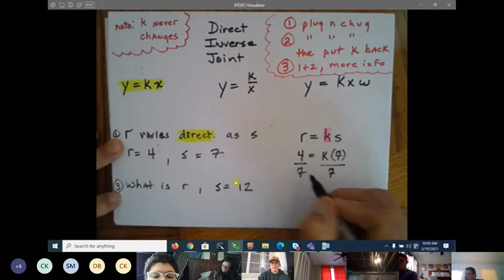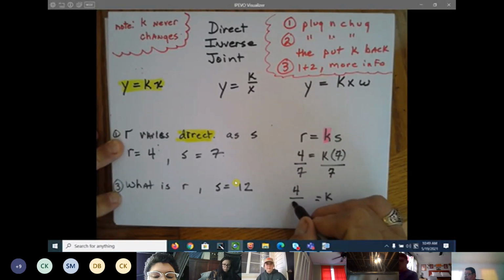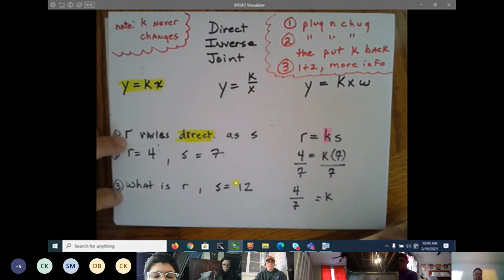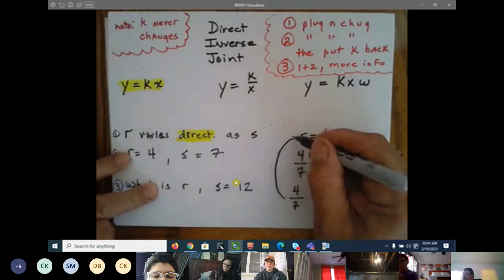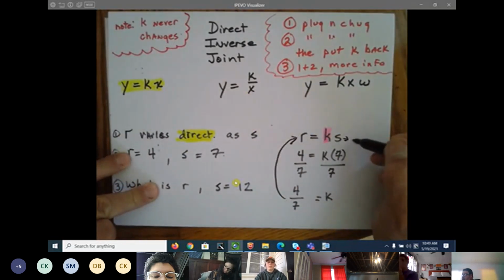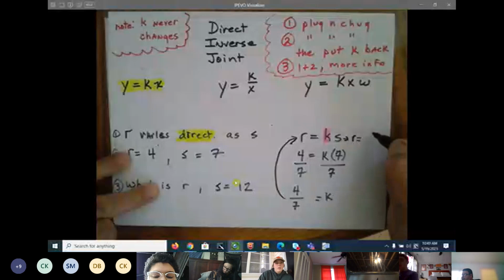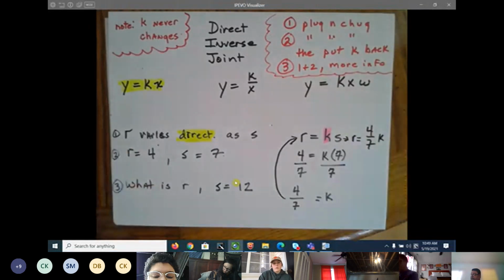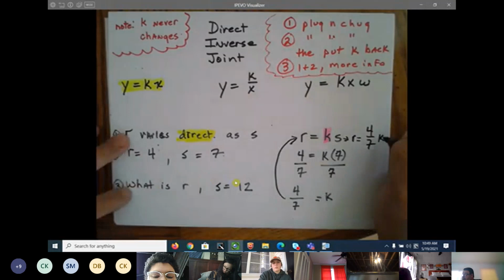And now that I've solved for k, what am I going to do with k after I've solved for it? Plug it back into the equation. I get r is equal to 4/7 times s.